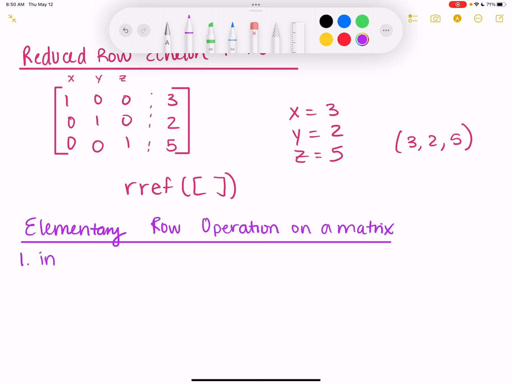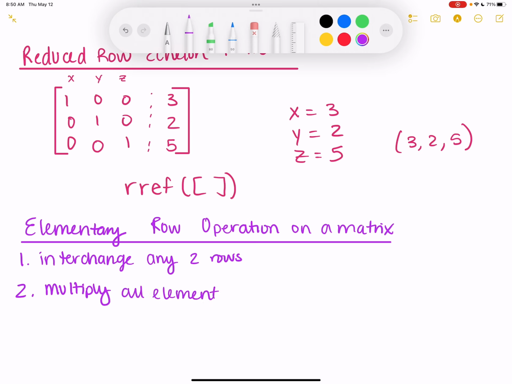Alright, so you can interchange any 2 rows. So you can take row 3 and row 1 and swap them. It's one thing you're allowed to do. 2, you can multiply all elements of a row by a non-zero real number.